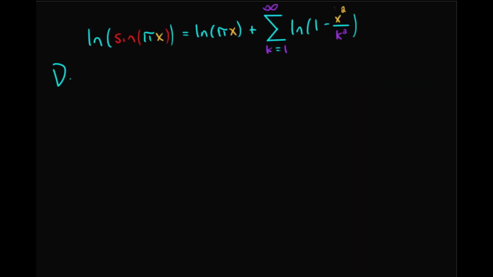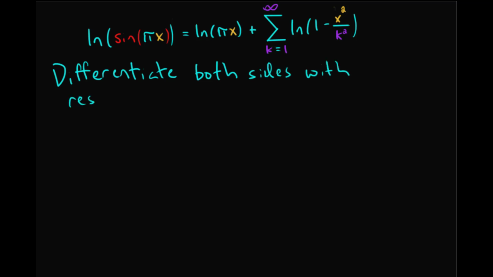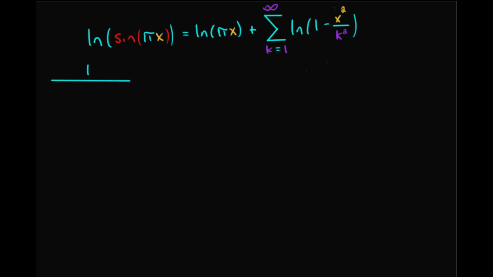Now I would like to simplify this expression even further by getting rid of the logarithms, and I can do that by differentiating both sides of the equation with respect to x. So when we differentiate both sides with respect to x, on the left-hand side, I get 1 over sine pi x, and then I have to apply the chain rule, so that's times cosine pi x, and then applying the chain rule one more time, that's times pi.